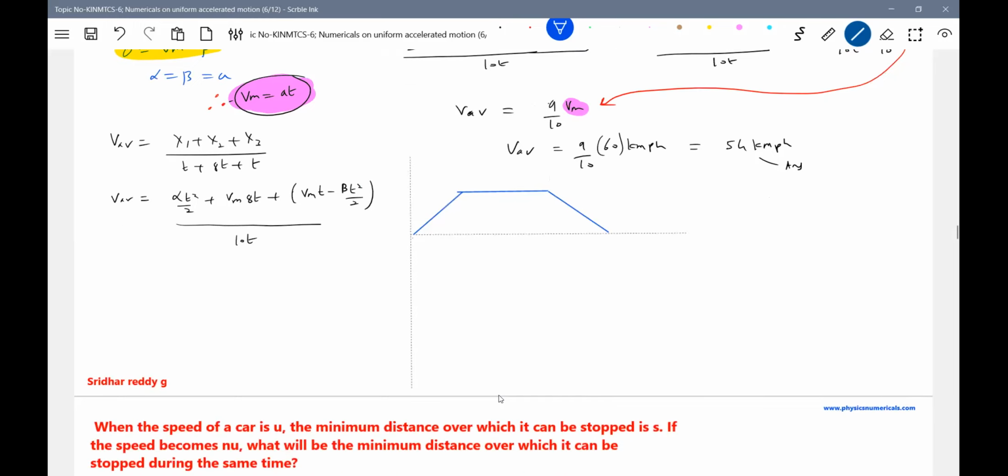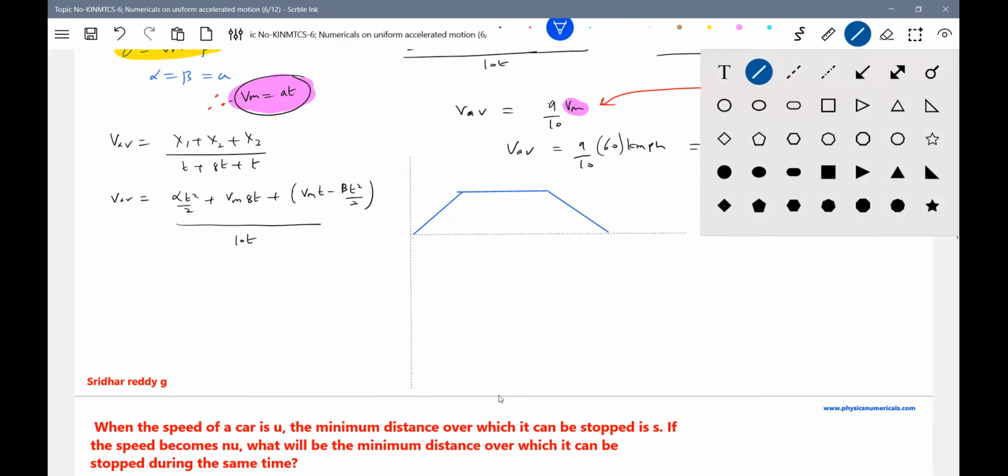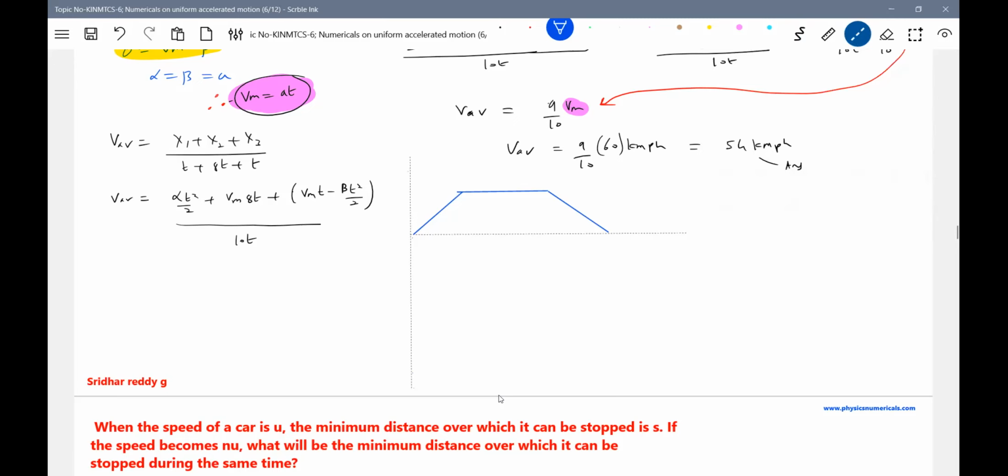Then we know how to plot such graphs. Accelerated motion, uniform velocity, then this one, then retardation.